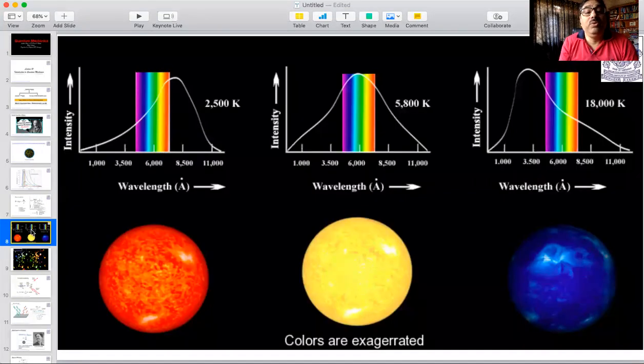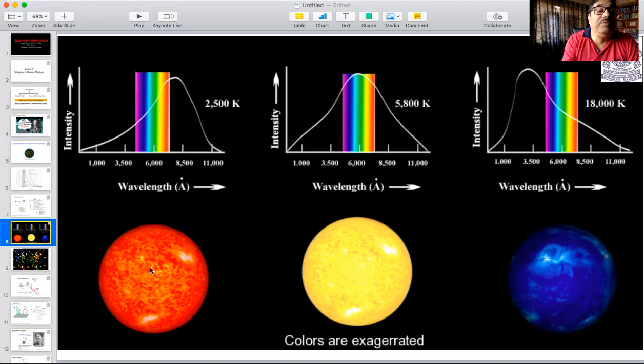And now, with the help of this physics, we could easily understand the color of stars. For example, a star at a lower temperature normally looks red because the curve of the black body radiation is such that at temperatures around, say, 2500 Kelvin, the wavelength at which the maximum intensity is emitted is red light.